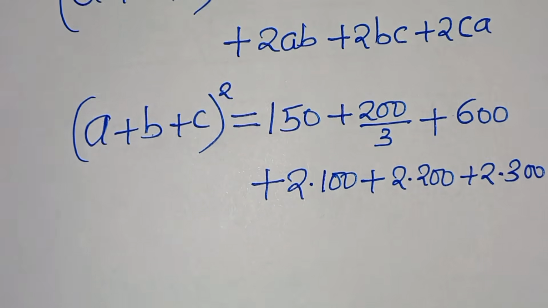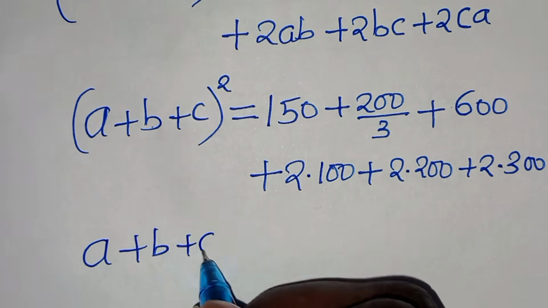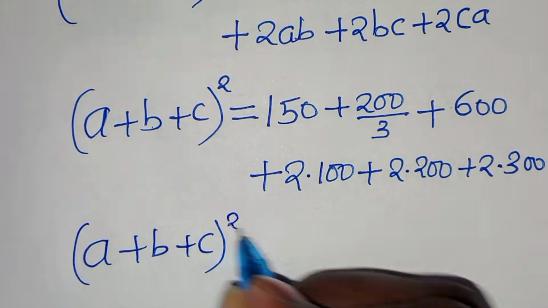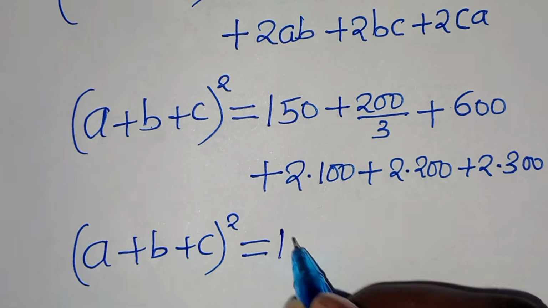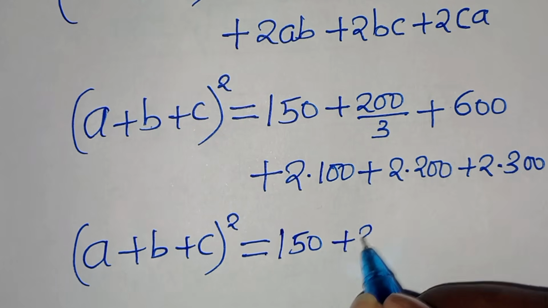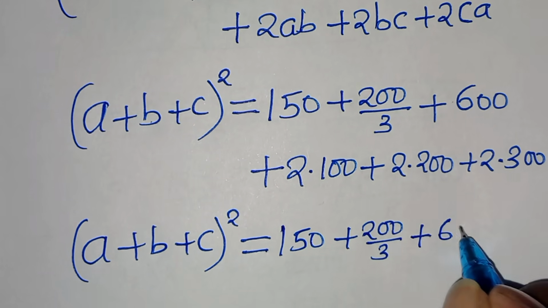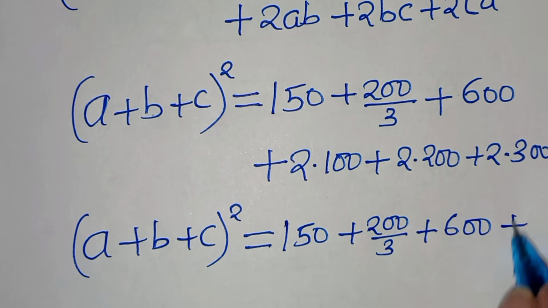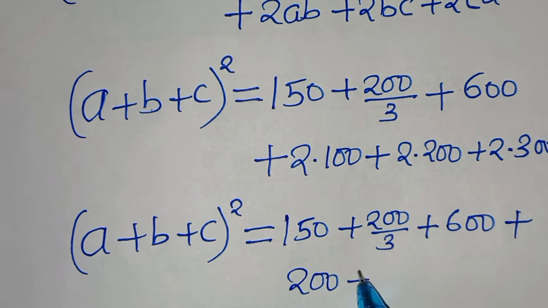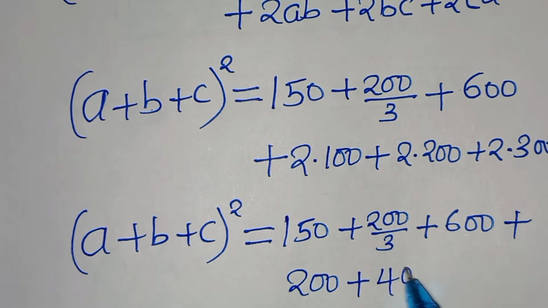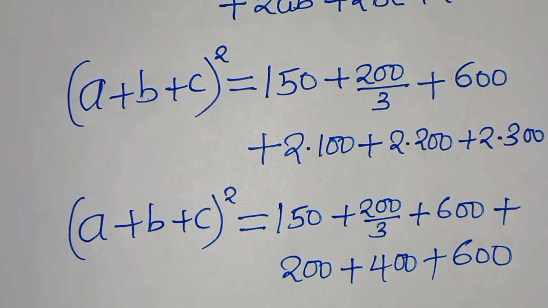Okay. So this means that a plus b plus c raised to the power of 2 is equal to, now here we have 150 plus 200 over 3, then plus 600, then plus 2 times 100, this is 200, then plus 2 times 200, this is 400, then plus 2 times 300, this is 600.